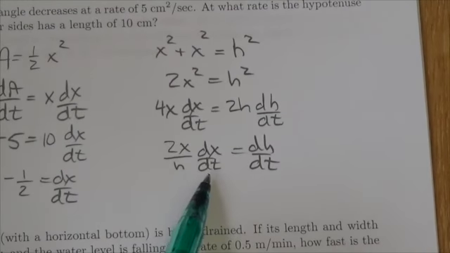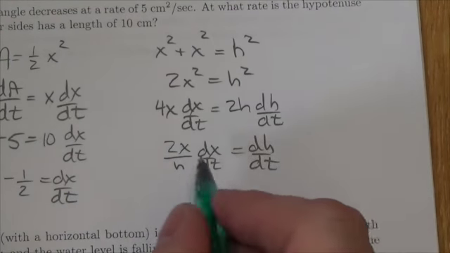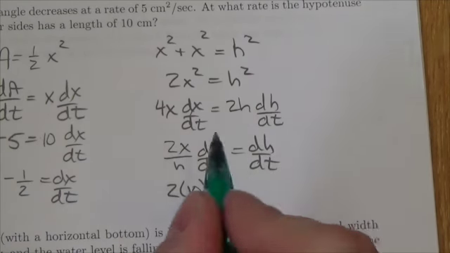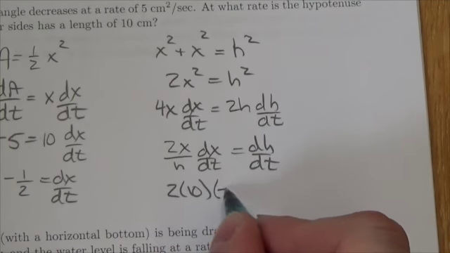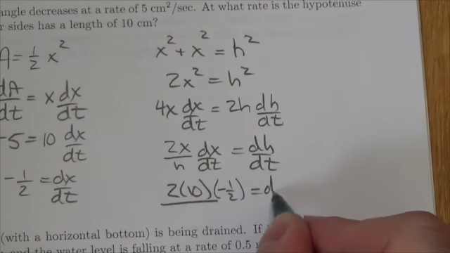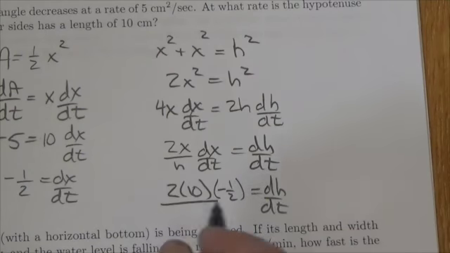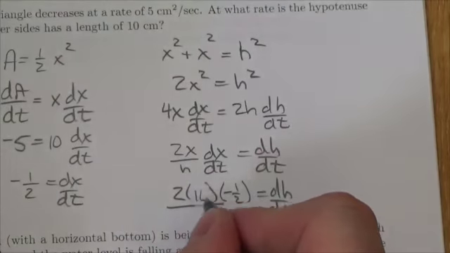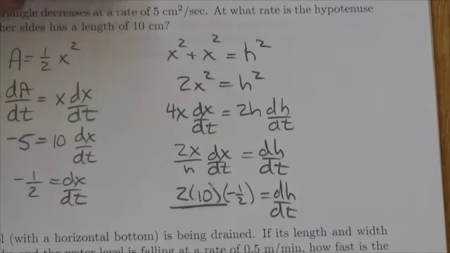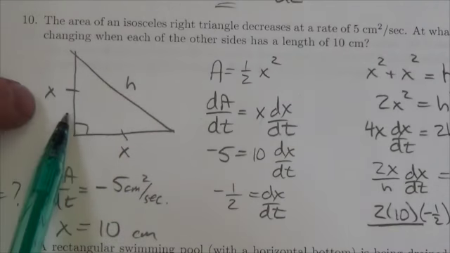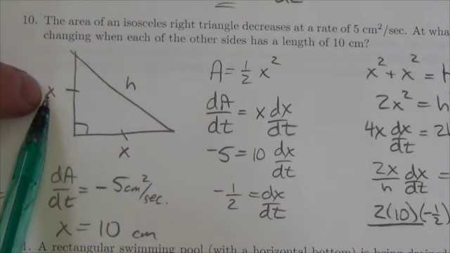I know that x is 10. I know that dx by dt is going to be -1/2. What I don't know is h. I don't know h at that particular instant when the sides are each 10. But actually that's remarkably easy for me to calculate.